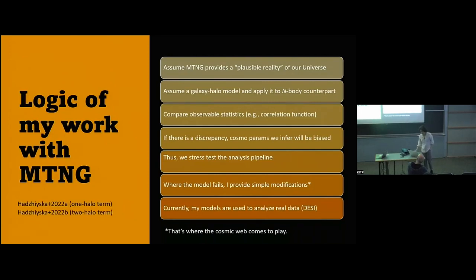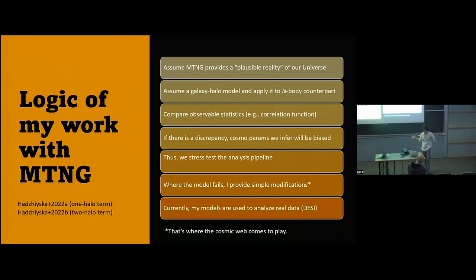Okay, and then the next thing that we do is we take the dark matter only version of that simulation, and we populate it using one of these galaxy halo models with galaxies and make a comparison between the two. So on one hand, we have this realistic-ish model of the universe via a hydro simulation, and on the other hand, we have this simplistic model.